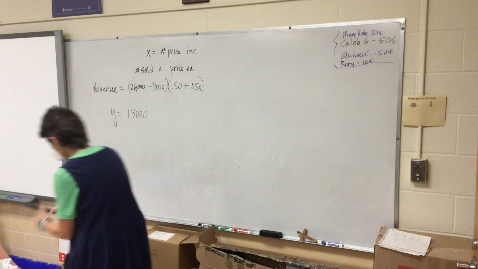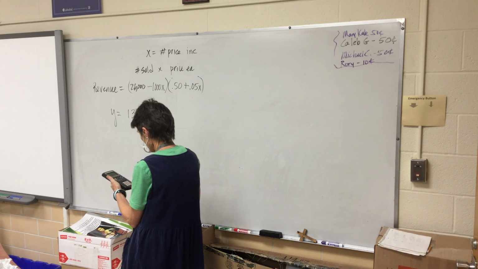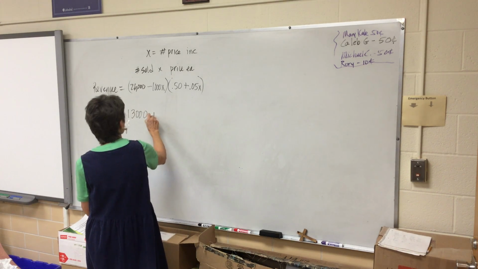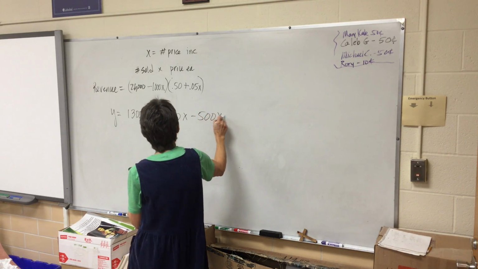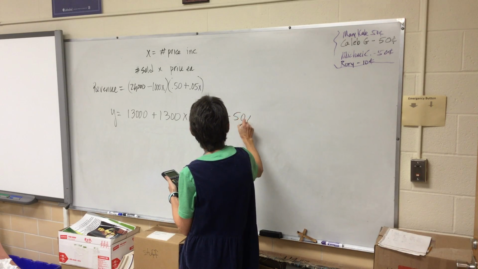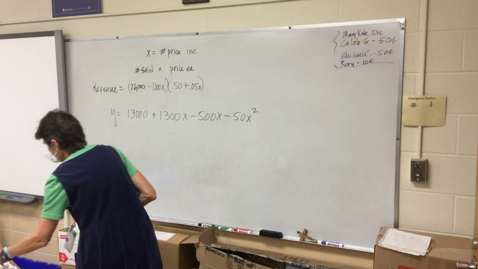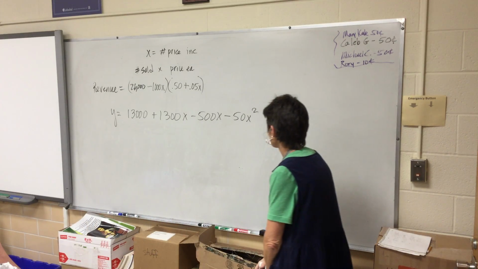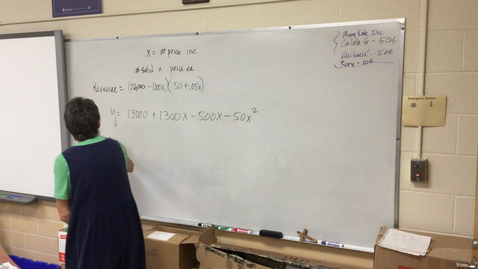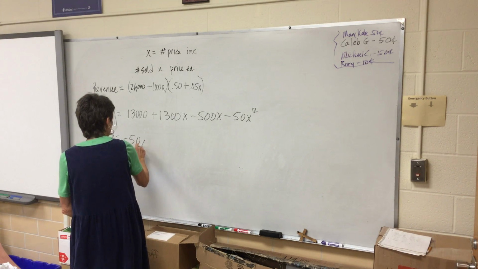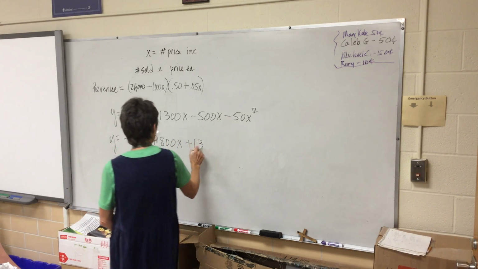I should know what some of these numbers are, but I don't, so use my calculator. So I got negative 50x squared plus 800x plus 13,000.